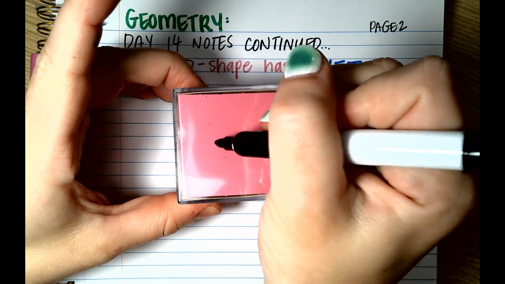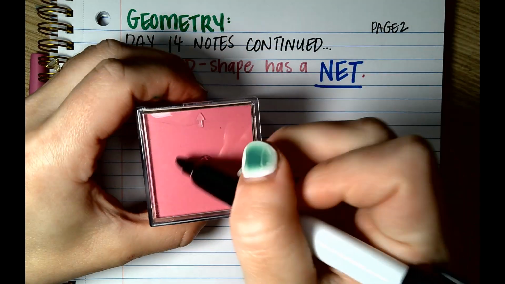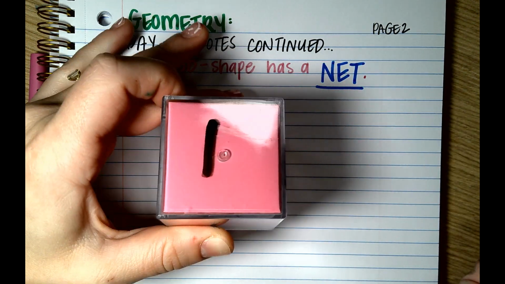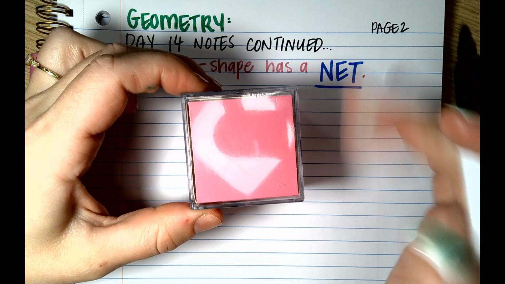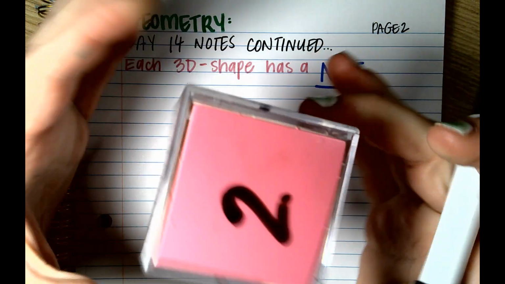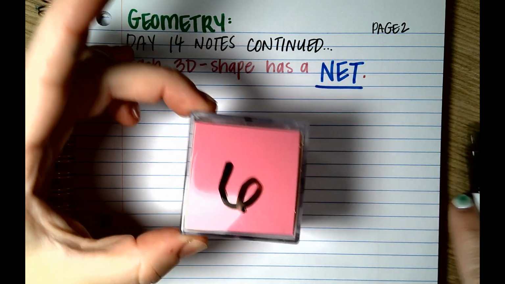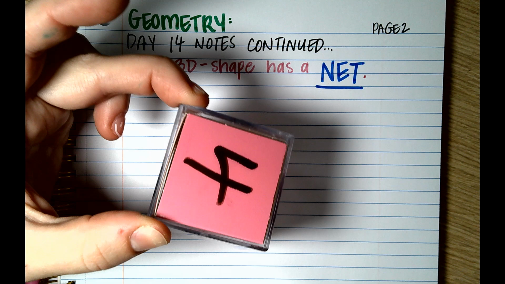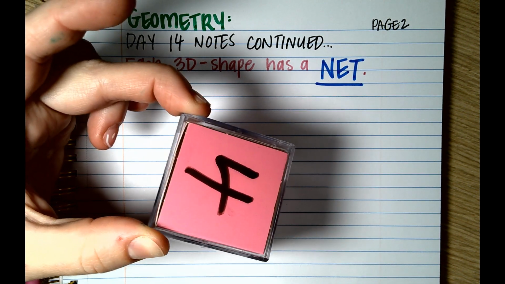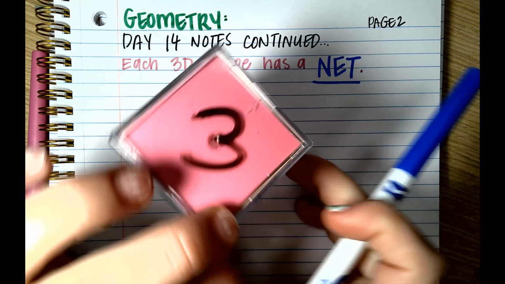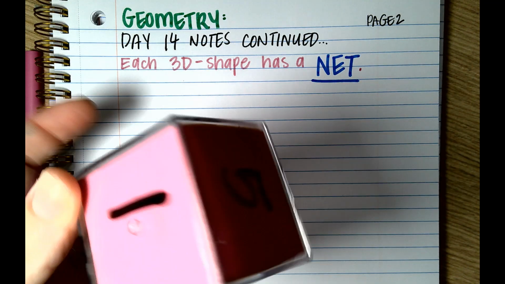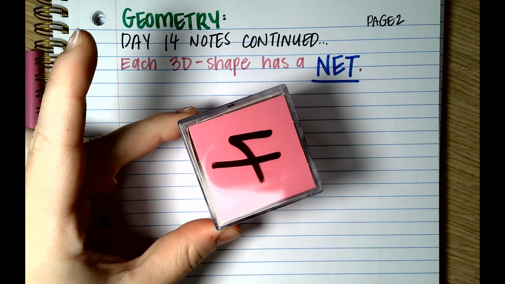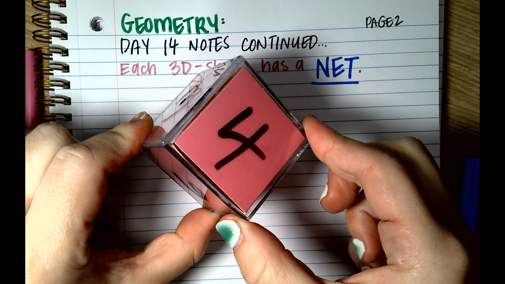So I've got 1, 2, 3, 4, don't want to count that twice, 5, 6. This is also why a die or dice has only numbers 1 to 6, because there's only 6 faces on a die. So a cube has 6 faces, just like that. And that's why whenever we make the net of a cube, it's going to be made up of 6 squares.